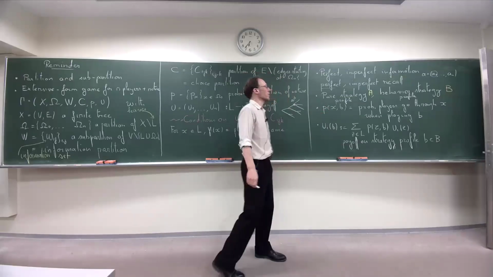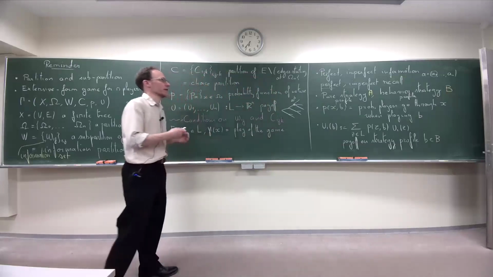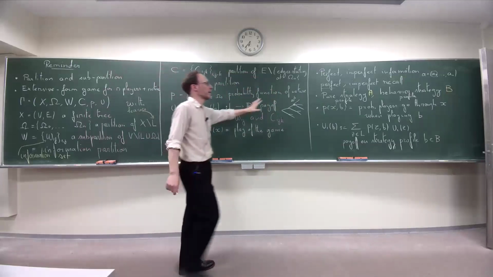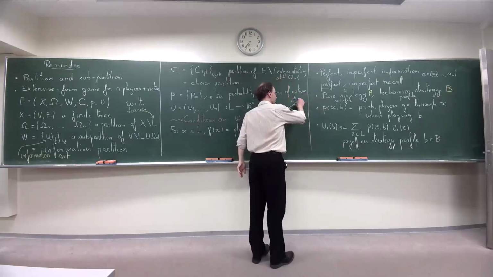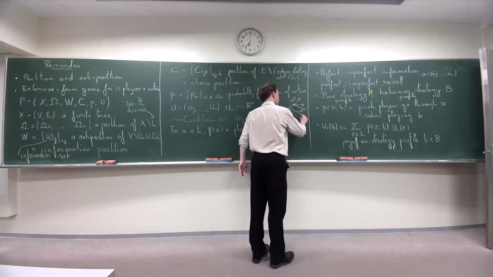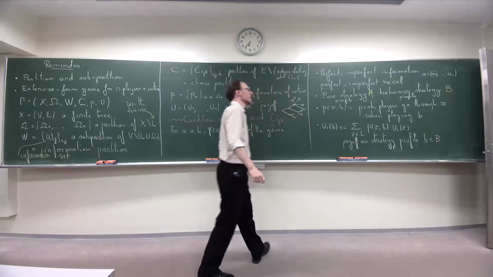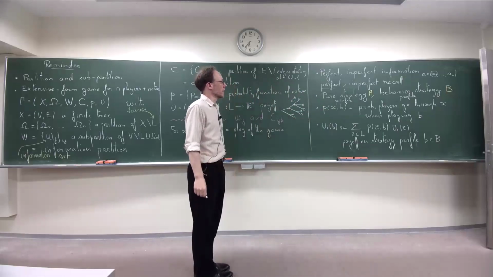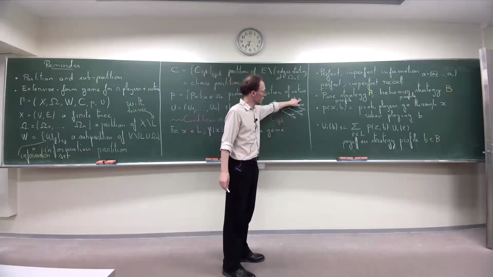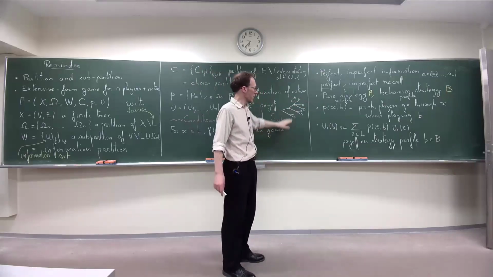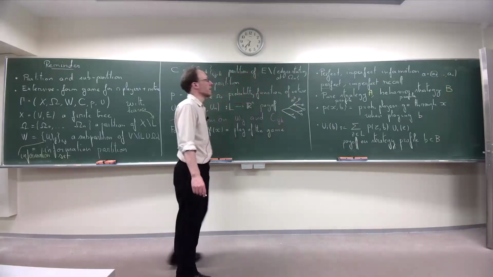And it gives you the probability that players go through x when playing this strategy. And if you just look at leaves, these numbers define a probability on the set of leaves. So if you sum these p x b on all leaves, you end up with 1.